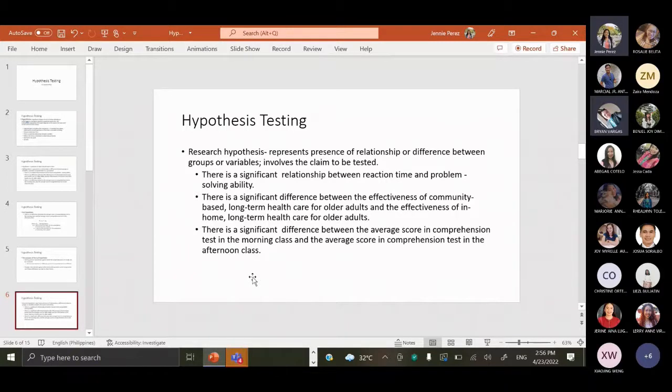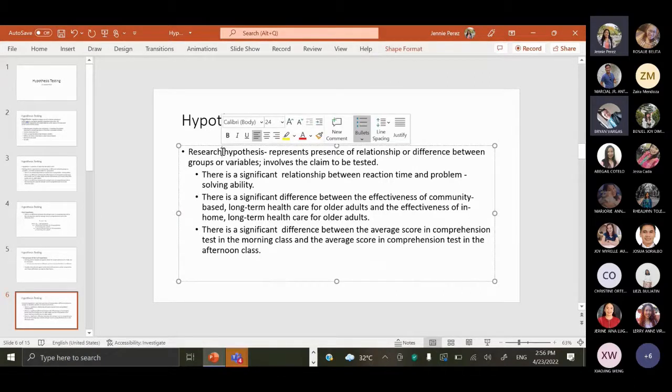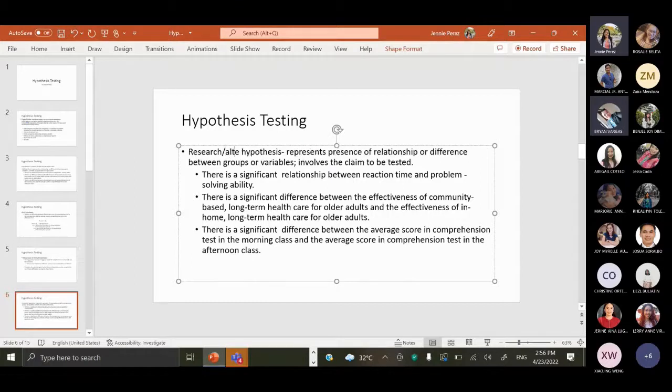So, another type of hypothesis is your research hypothesis or alternative hypothesis. This is the alternative hypothesis. It represents presence of relationship or difference between groups or variables. It involves the claim to be tested.